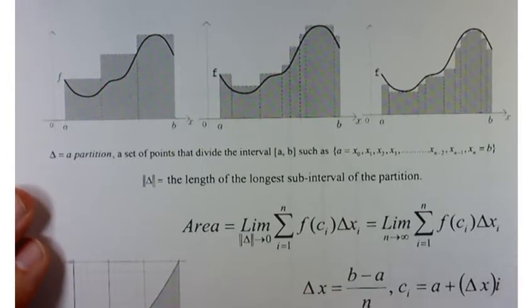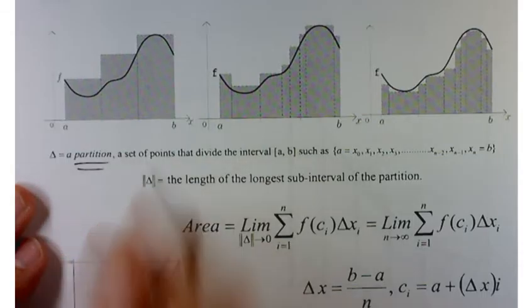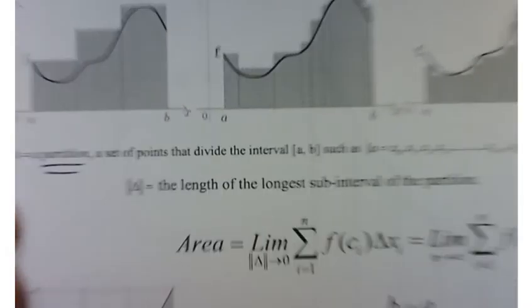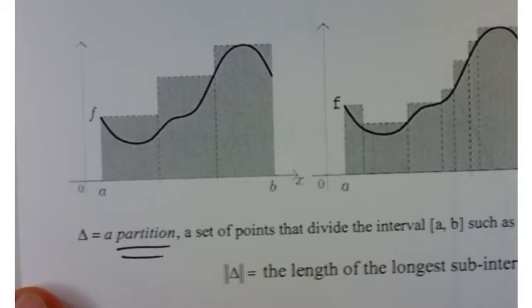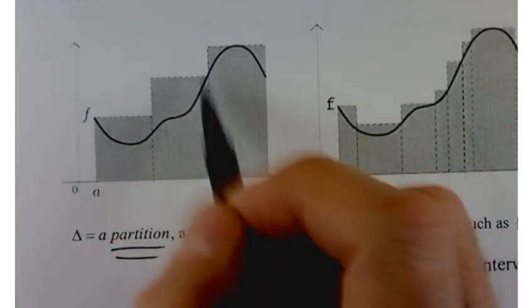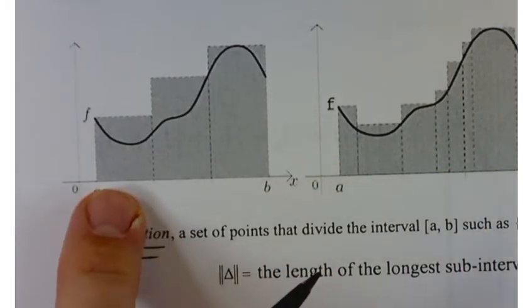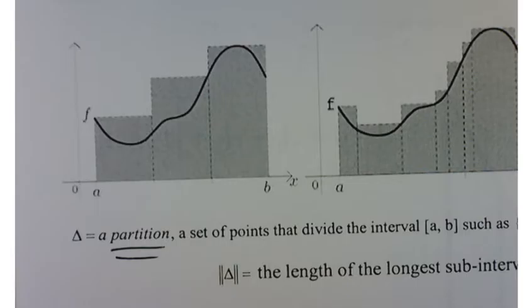So let's go back to this idea of, first of all, a partition. So here's some curve, and we want to estimate the area underneath this curve. One way to do this is to start by breaking this curve up into a bunch of different points.